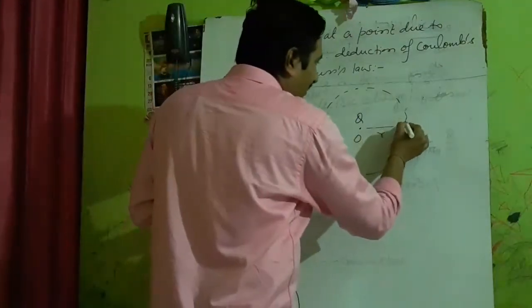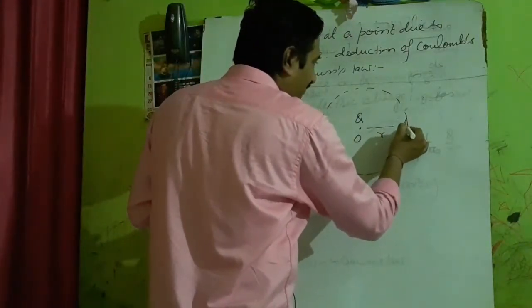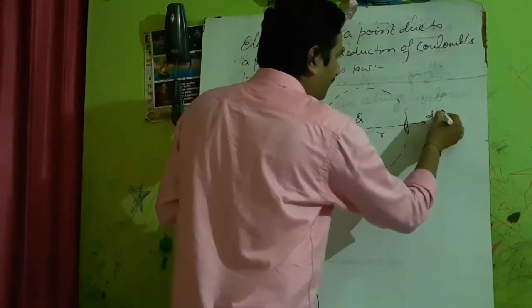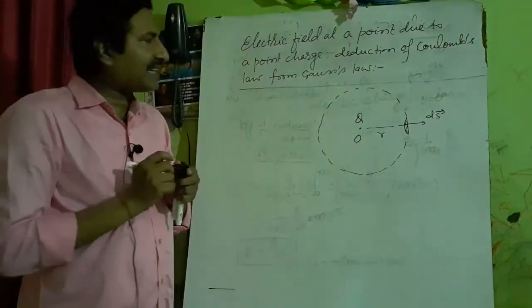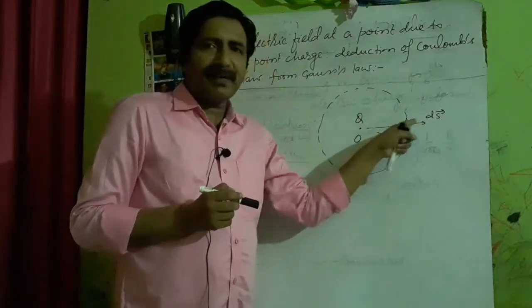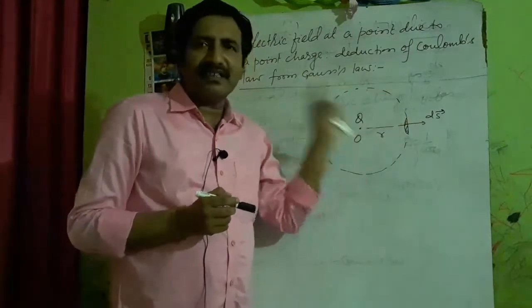And let us imagine a small area element here whose value is ds. It is taken as a vector because we have taken the area vector along the perpendicular to the area element ds.